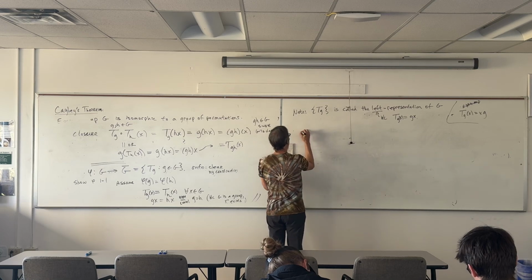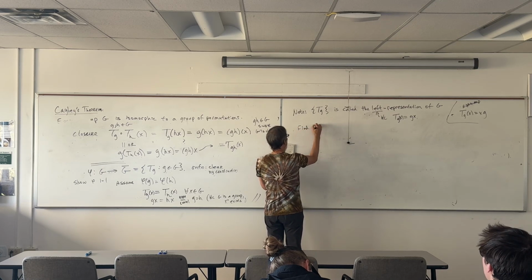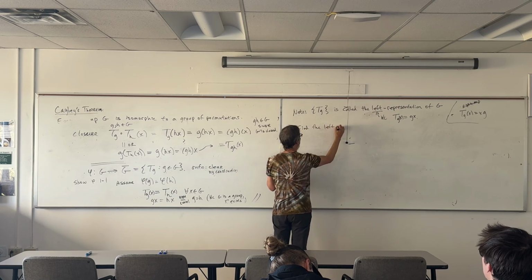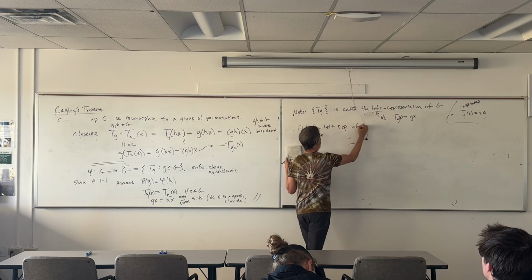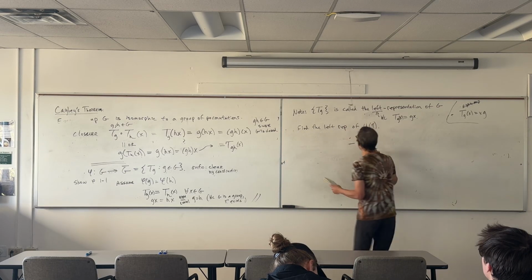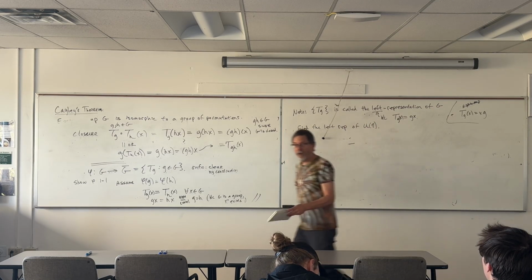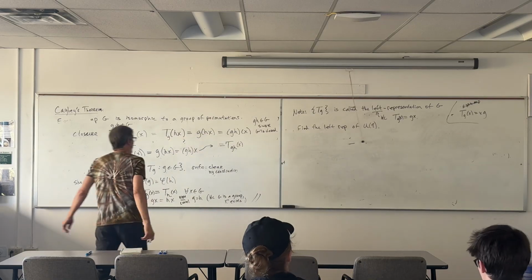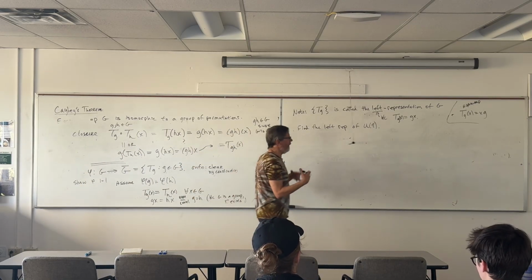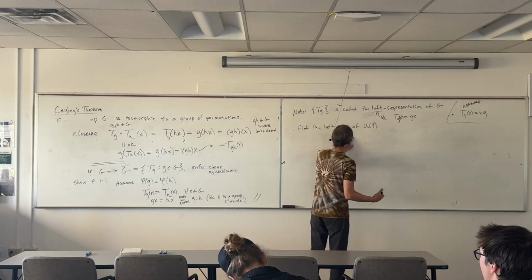So let's find the left representation of U9, the unitary group modulo 9, everything from 1 to 9 that is relatively prime with 9.